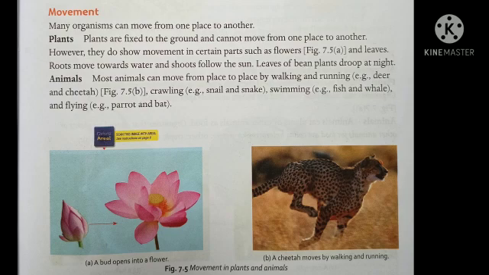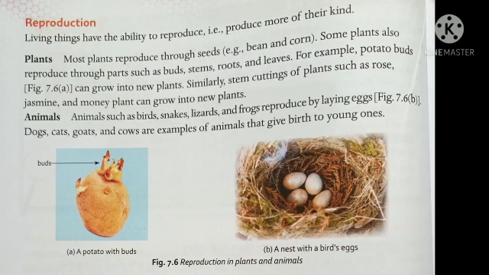However, they exhibit movement of certain parts such as leaves and roots. Roots move towards the water and shoots follow the sun. Leaves of the bean plant droop at night. So, these are the movements in plants.